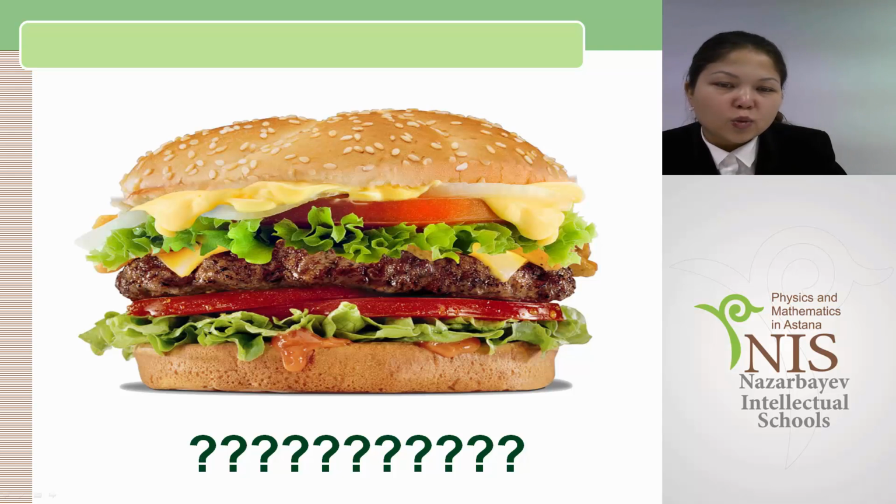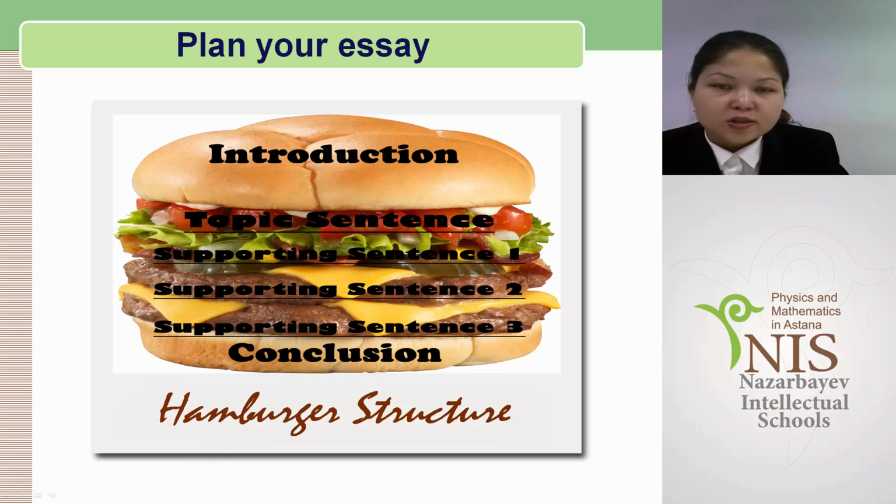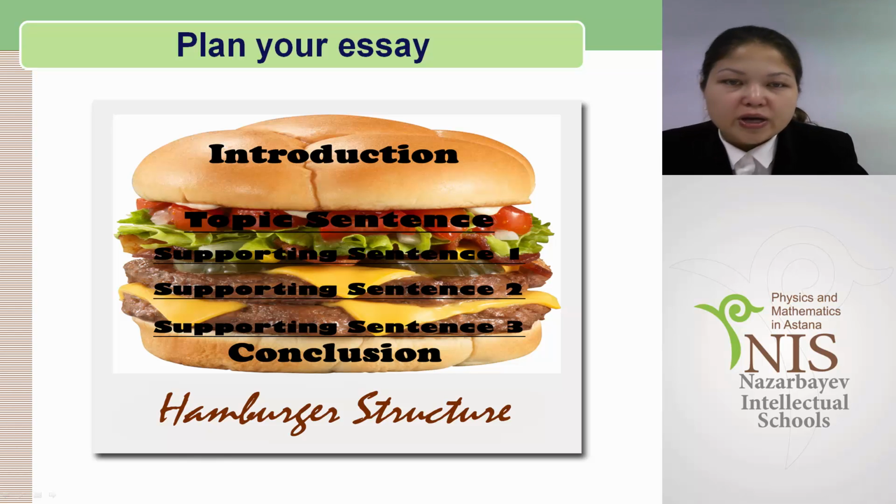So what do you think? Why do we have this picture? So this hamburger looks like our essay, or vice versa, the essay looks like a hamburger. So let's look at the content of our hamburger.